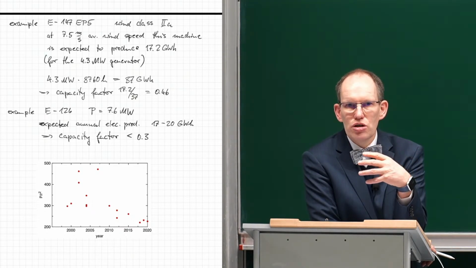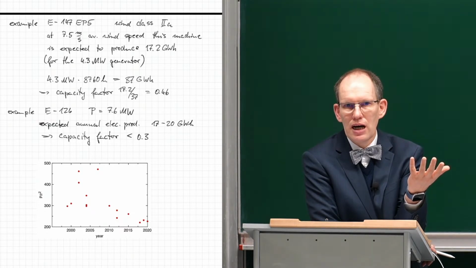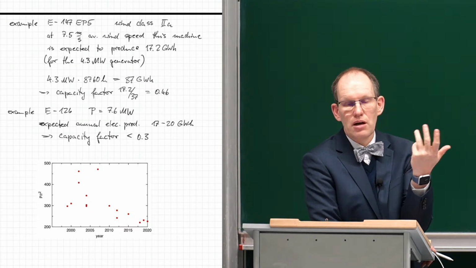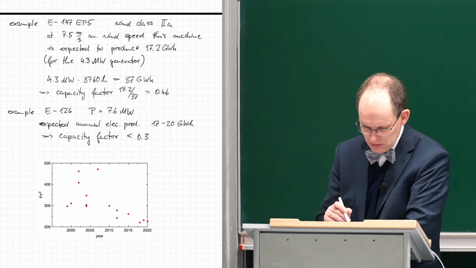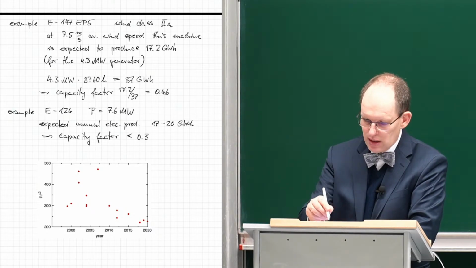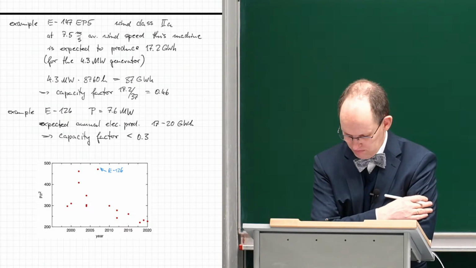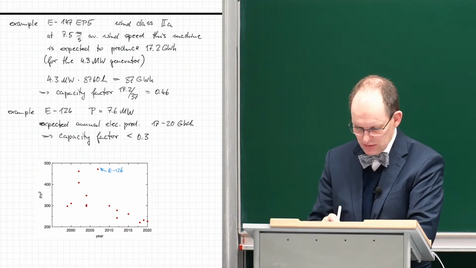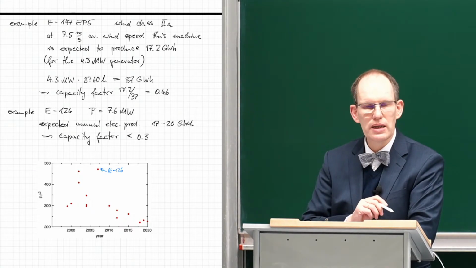So you would choose a smaller generator and use a larger swept area, a larger catch area for the wind. This is actually what you see here, right? And this dot here is actually the Enercon E126. And what happens over the years is that people made that ratio smaller and smaller.